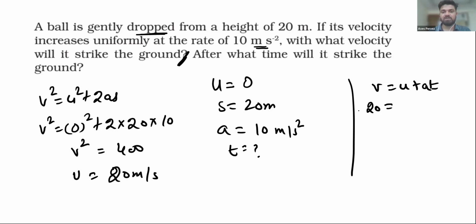Time is being asked, with u, a, s, and t, so you can use the second equation. Or you can use the first equation as well: v is given to you, u is 0 plus a is 10, and t is being asked. So you will get 2 seconds.